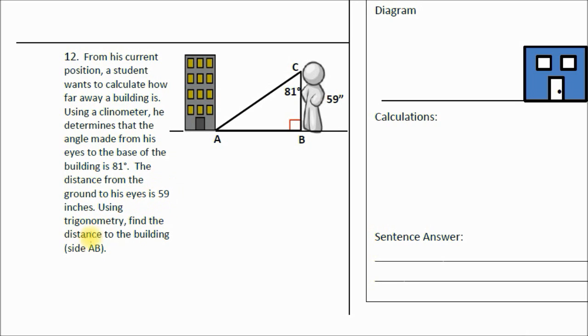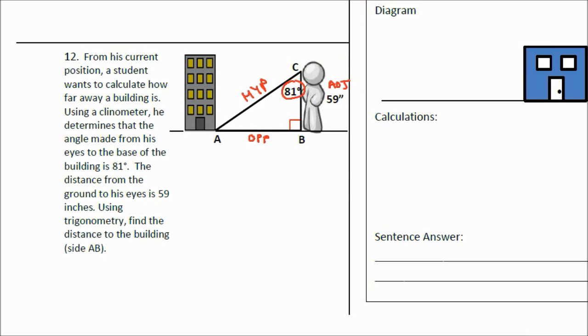Using trigonometry, find the distance to the building, which is this side right here, not the hypotenuse, it's AB. In fact, since we talked about hypotenuse, let's label right now. 81 degrees is our known angle, AC is our hypotenuse, opposite is AB, and adjacent is 59 inches.